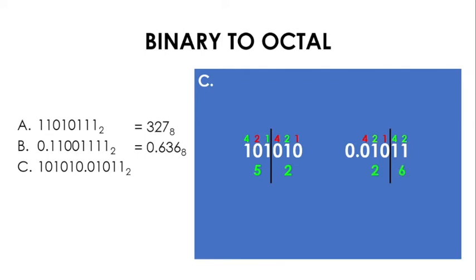We'll be using 1 to 4 from right to left for the whole number part, and 4 to 1 for the fractional part, starting from left to the rightmost part. So for the whole number part, the equivalent will be 52, and for the fractional part, the equivalent will be 0.26. So the octal equivalent of binary 101010.01011 is 52.26 octal.